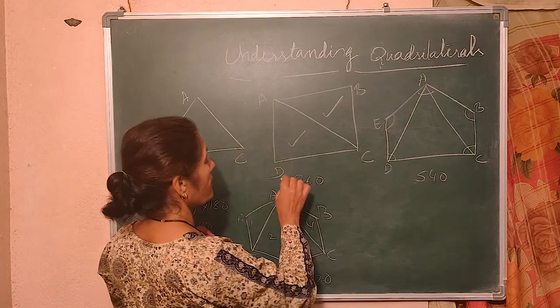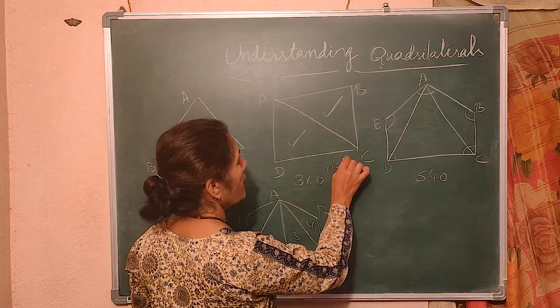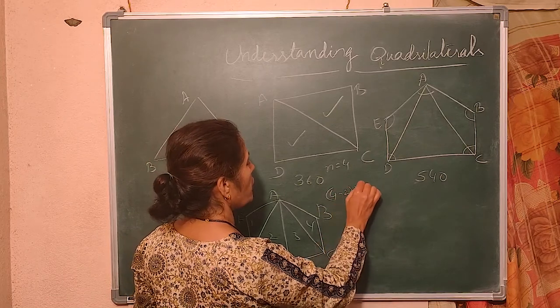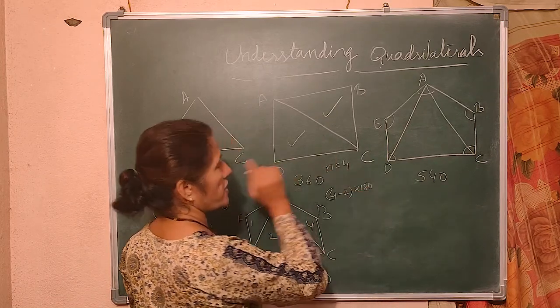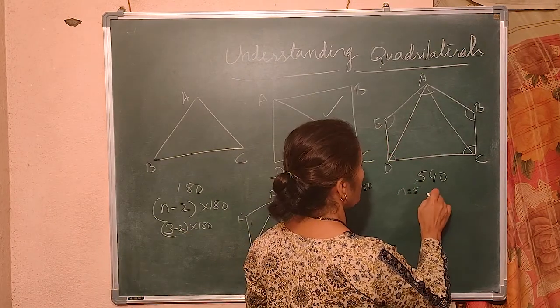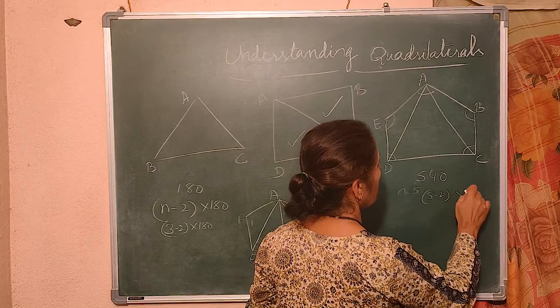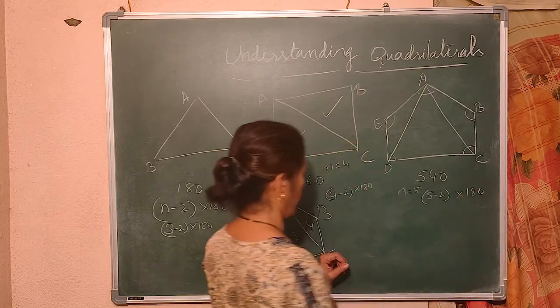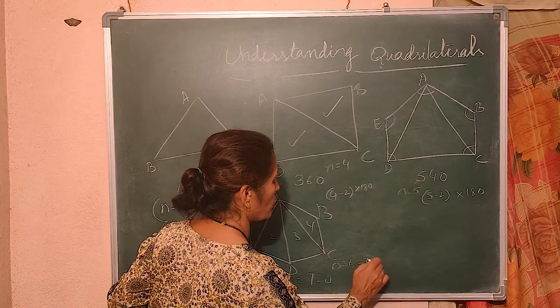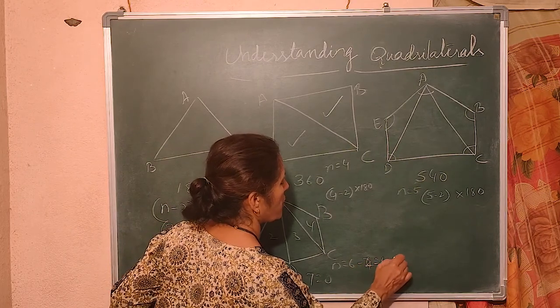Here n is 4, the number of sides is 4. 4 minus 2 into 180, 2 into 180, 360. Here n is equal to 5. 5 minus 2, how much? 3 into 180, 540. Here n is 6. 6 minus 2, 4 into 180.